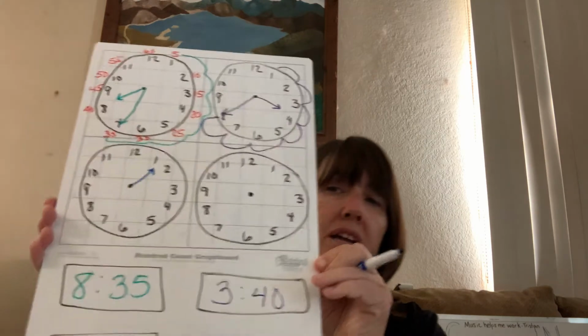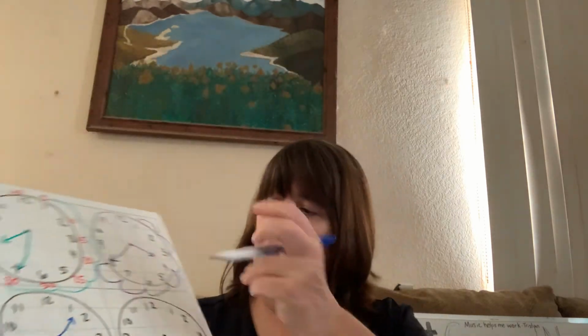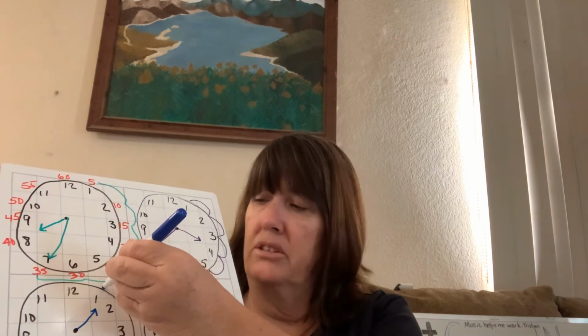Okay, let's try another one, 1:25. So we know it's in between 1 and 2 o'clock. So our short hand, the hour hand, will be in between 1 and 2 o'clock. And let's count to 25, starting with the 1, our number on the 1, or pen on the 1. 5, 10, 15, 20, 25.